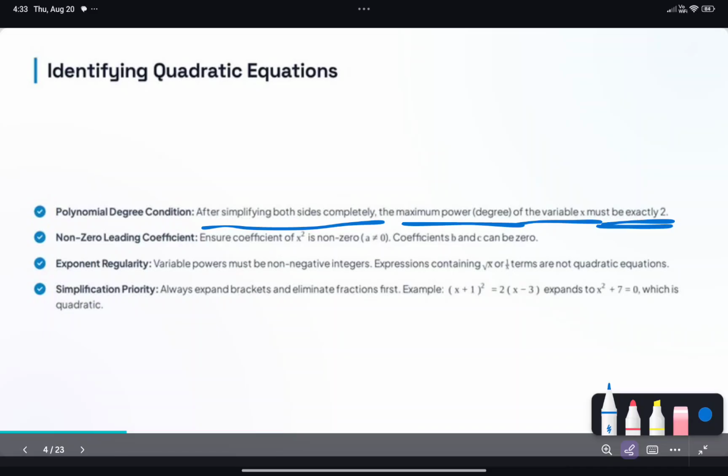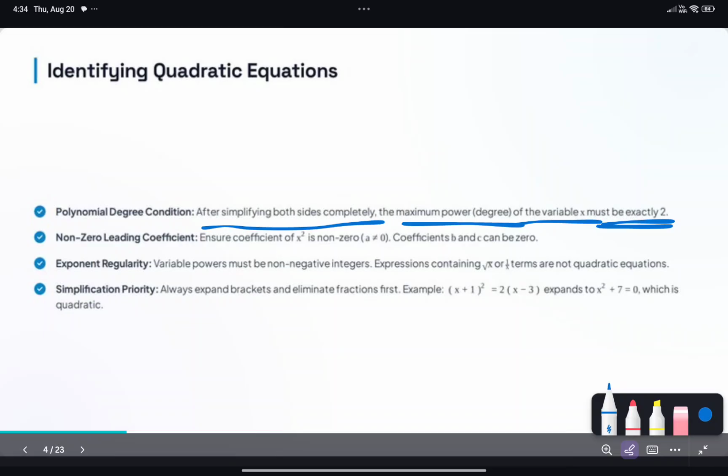Exponent regularity. What is meant by exponent regularity? Variable powers must be non-negative integers. There is a third point. There are certain principles, meaning certain steps involved, to identify a quadratic equation. Here the variable means x.